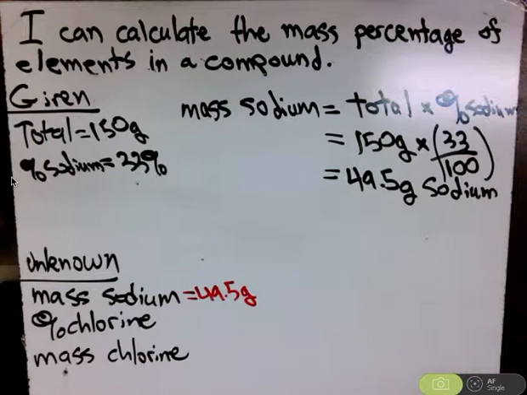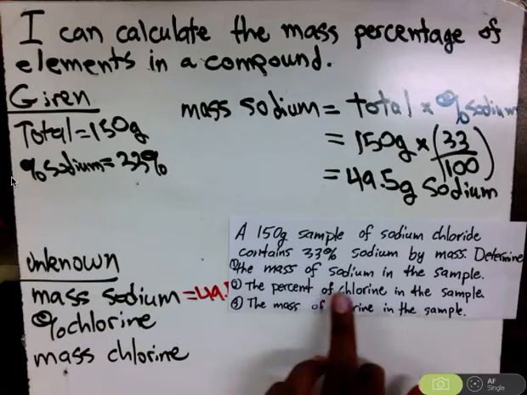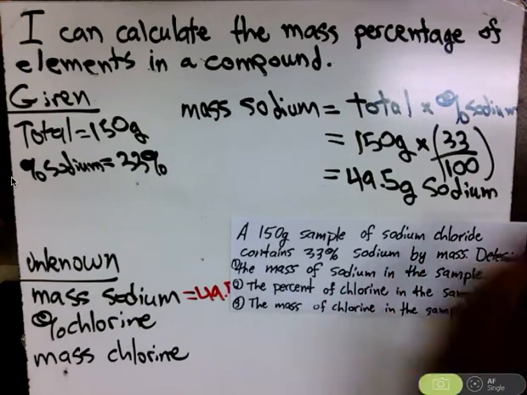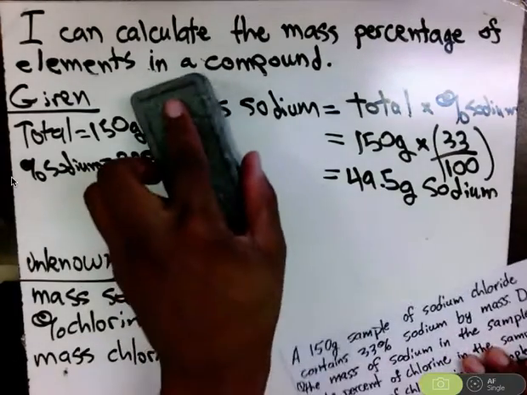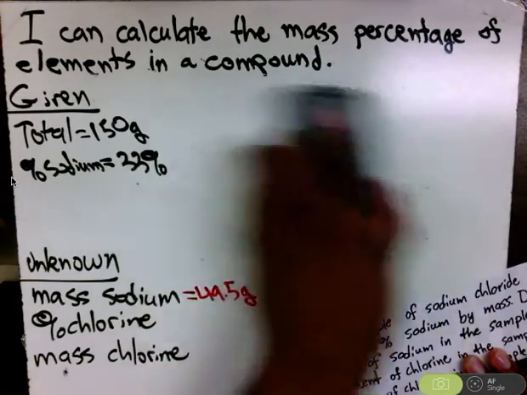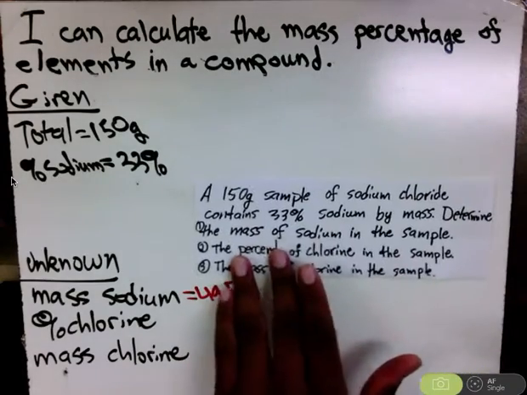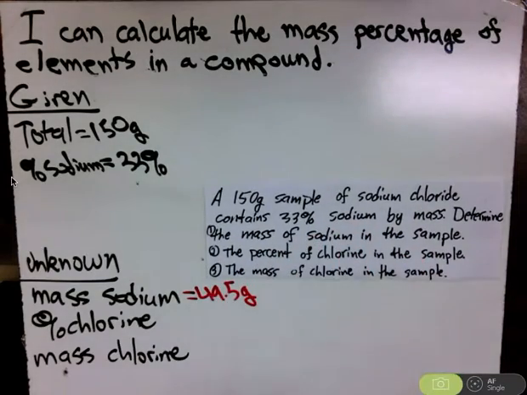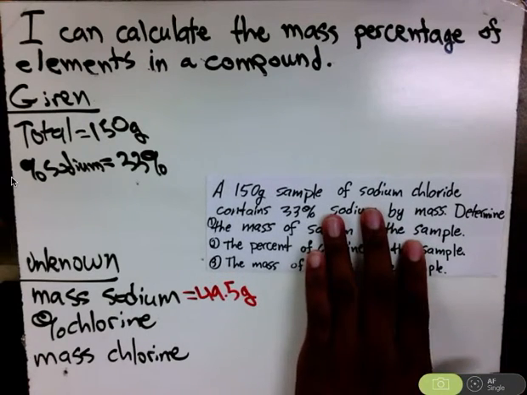Now, the next thing that I want to try to find is the percent of chlorine in the sample. So how do I find the percent of chlorine in the sample? Well, you can remember from our discussion of percents, all percents must add up to 100.